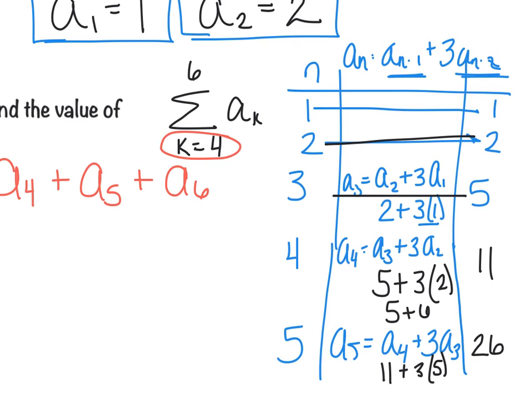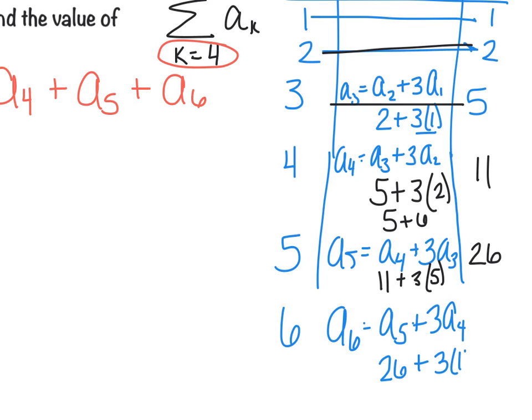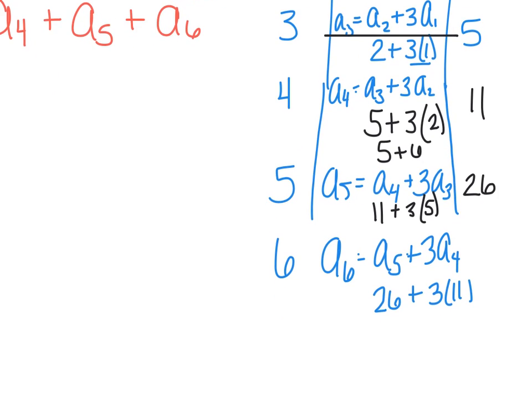And I need one more term because I have to go to a sub 6. So a sub 6 is equal to a sub n minus 1, so that's a sub 5, plus 3 times a sub 6 minus 2, which is a sub 4. So that's going to be 26 plus 3 times 11. So that's 26 plus 33, which gets me a total of 59.